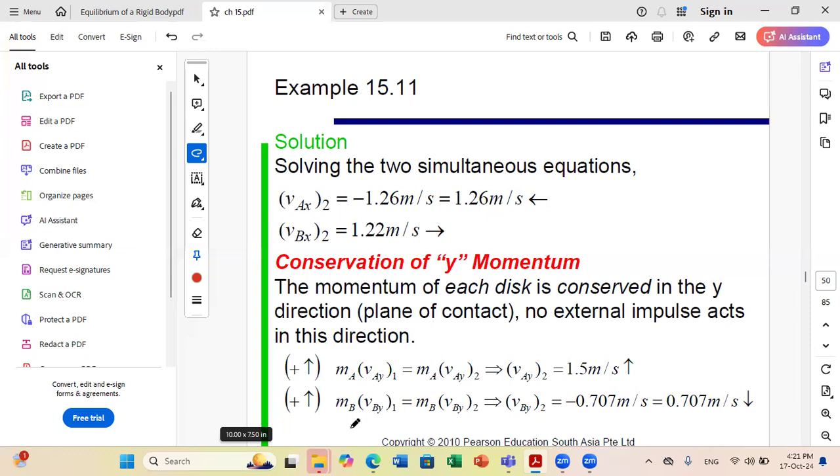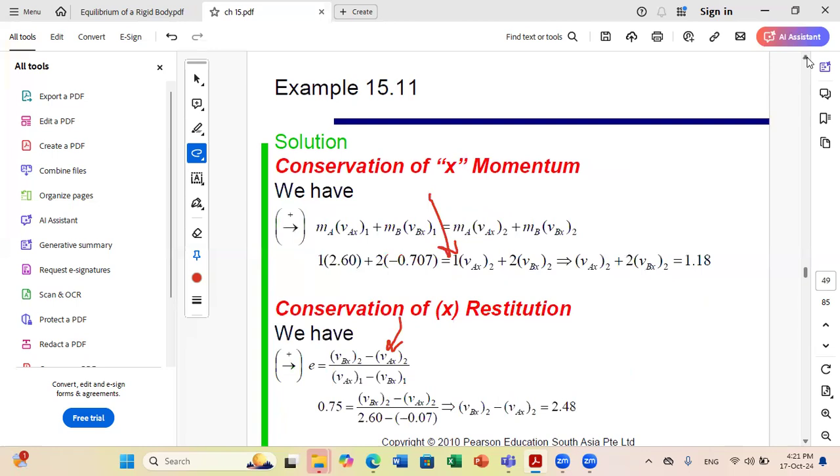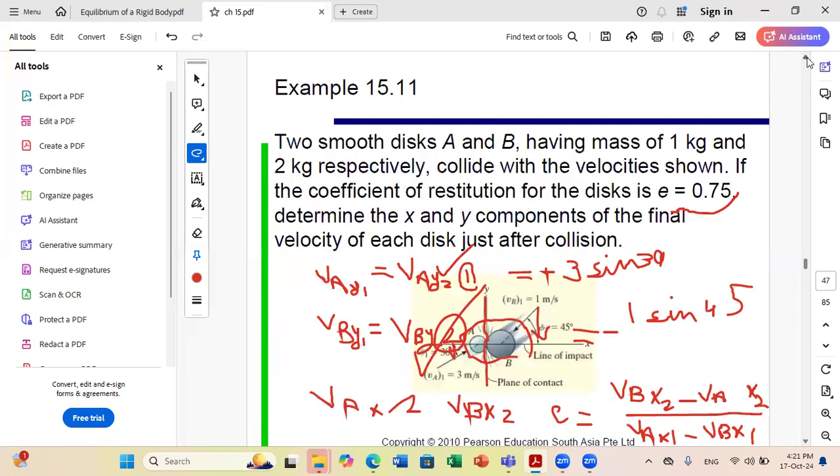Look, always, first you need to know if it's a horizontal plane or vertical plane. Here, they didn't mention if the collision is in a horizontal or vertical plane, and they didn't give you the time of collision. If they don't give you the time of collision, this means that it's really short.